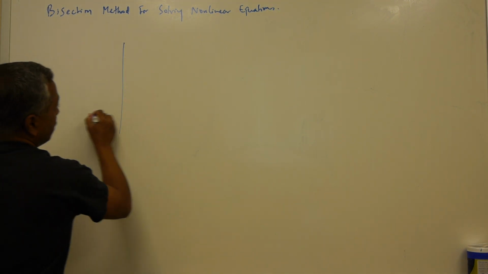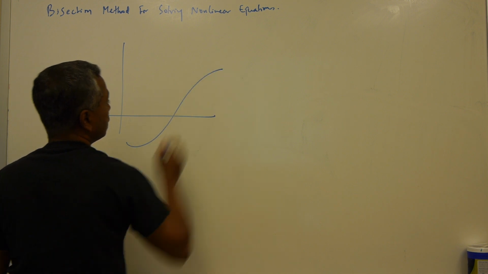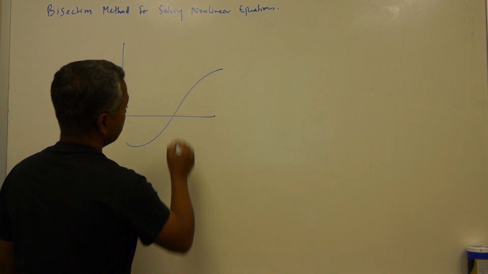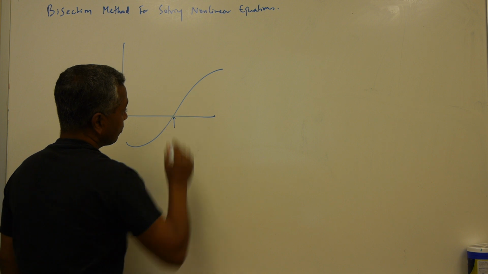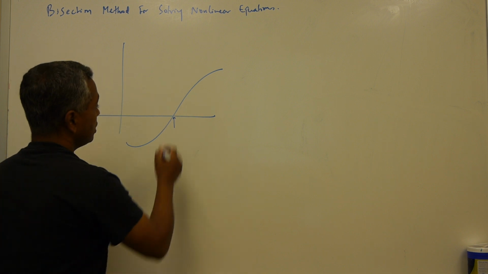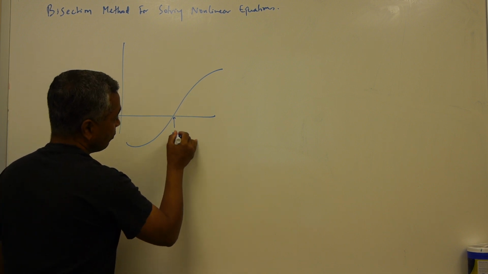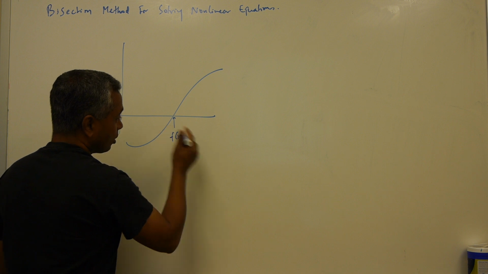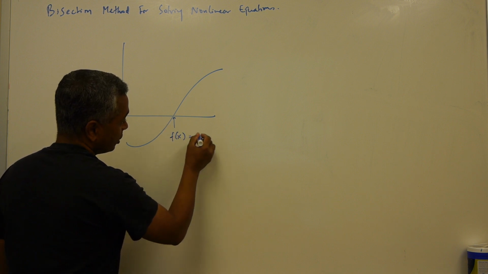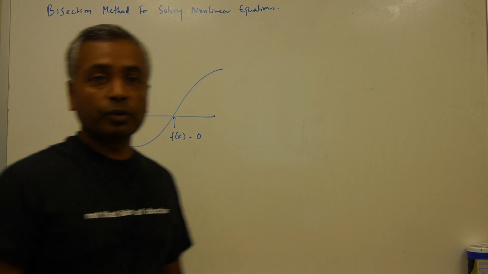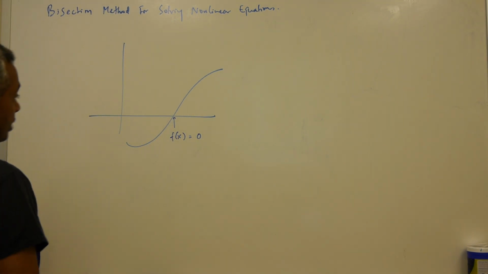We are given a nonlinear function, and we're trying to find out where this function intersects the x-axis. In other words, what is the value x where f of x is equal to 0? This is what we're trying to find in this method.